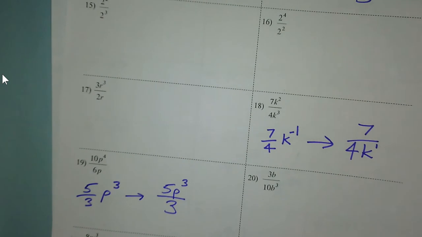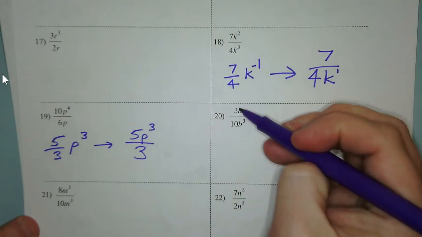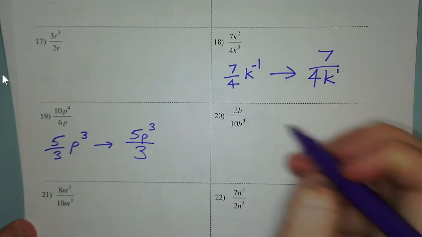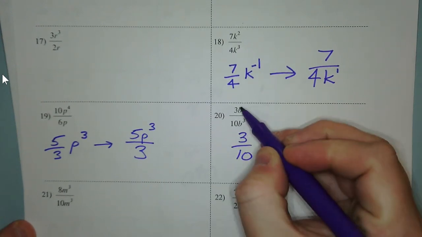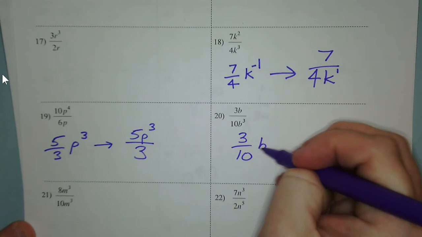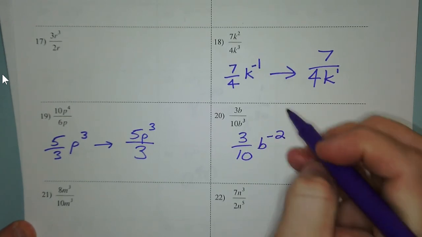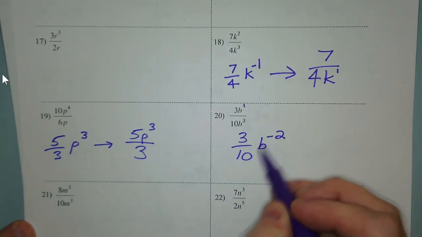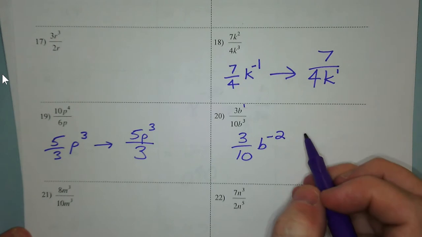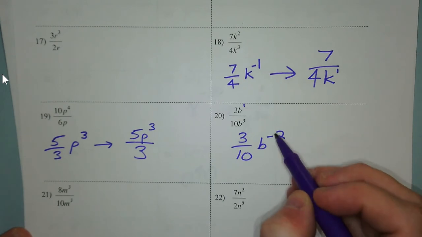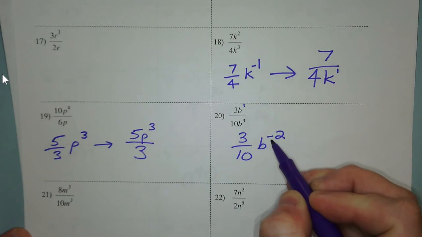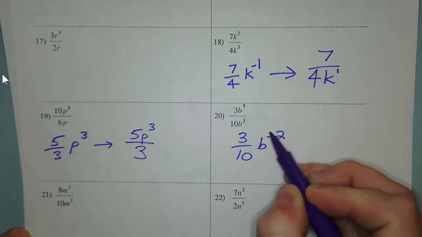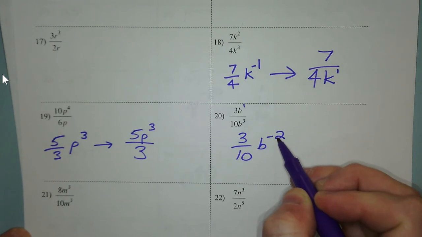Number 20 might be good to do here really quick. Number 20, 3 over 10, can't really do anything with that. And then b over b cubed is b to the negative 2 when you subtract powers. But once we got done with the section 2.10 notes, this needs fixing, okay? You move this down to the denominator, and that negative 2 becomes a positive 2.